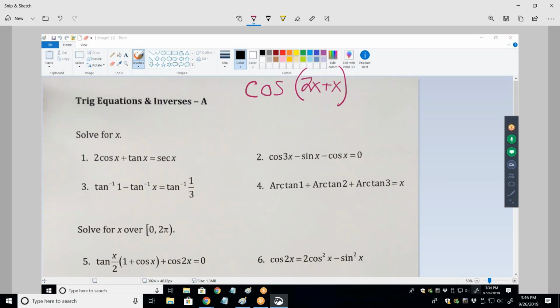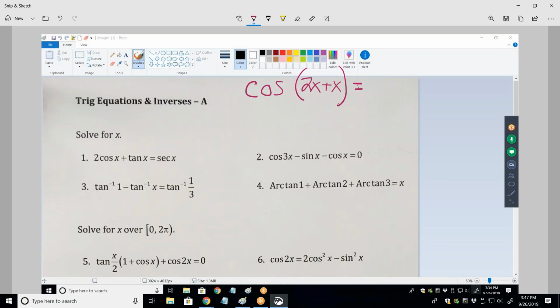So we're going to use the sum and difference identity. I'll start it way over here to the left because I'm going to be going horizontally. What's the sum and difference identity for this?